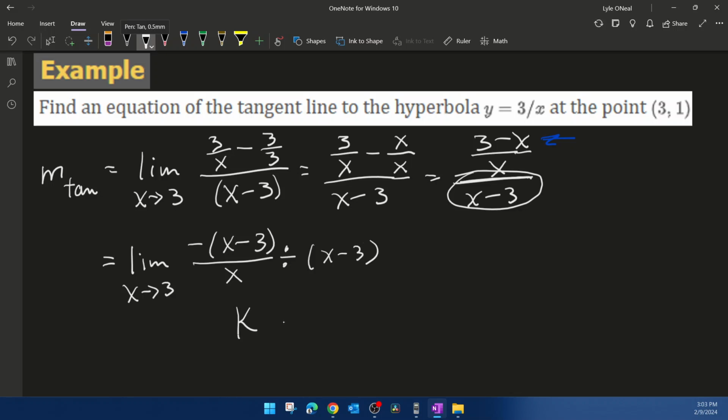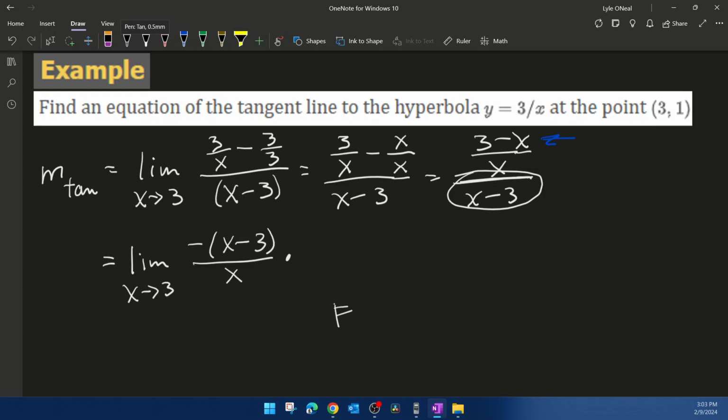And then maybe you can see that we need to KCF. That means we need to keep, change, flip. So we keep the first fraction the way it is, we change division to multiplication, and we flip the second piece. Now this is understood to be over 1.